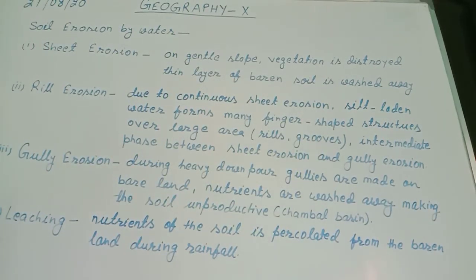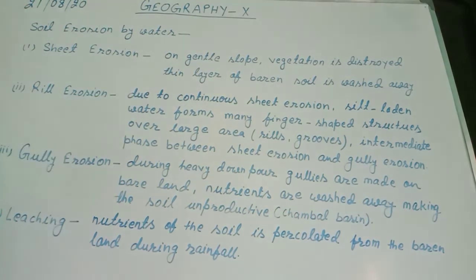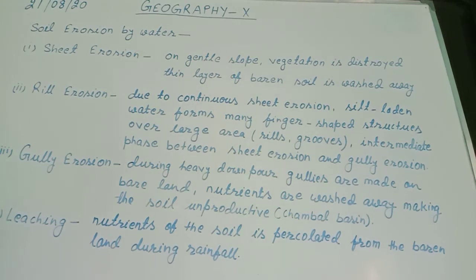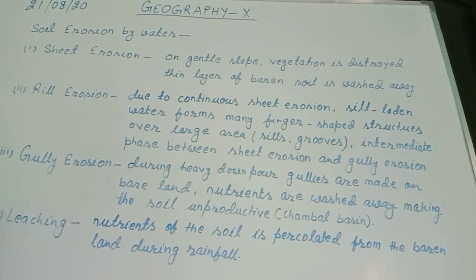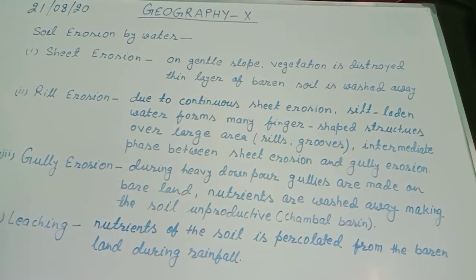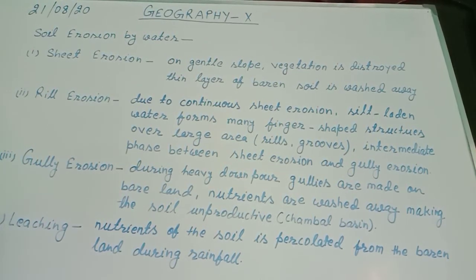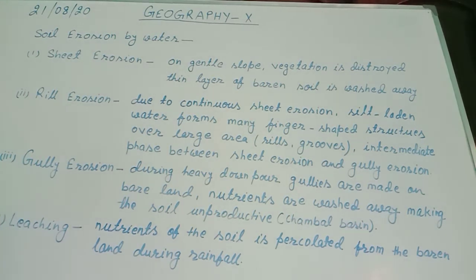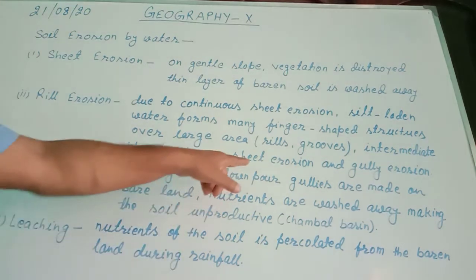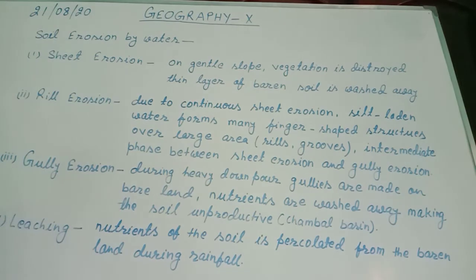So this rill erosion is a continuous process of sheet erosion. Silt-laden water means water in which the eroded materials are mixed. Those finger-shaped structures are called rills or grooves, and the process of this erosion is called rill erosion. Rill erosion is the intermediate phase between sheet erosion and gully erosion.